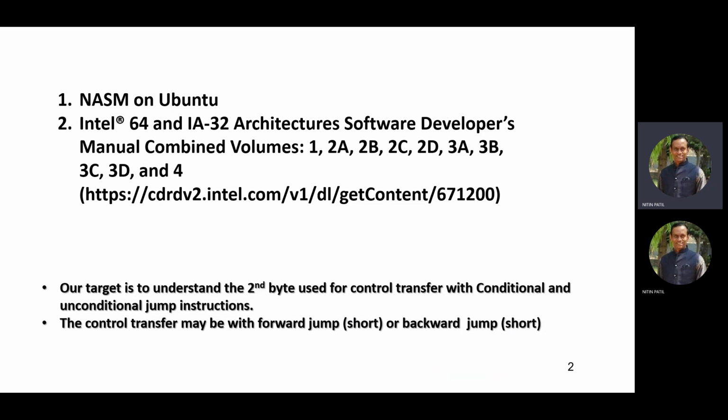Now, whenever we talk about a jump instruction, there is a label, no matter whether you are having a conditional jump or an unconditional jump. To demonstrate this, I will be referring to the Intel manual, so let me open that manual.